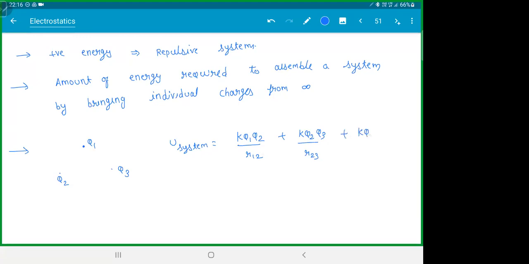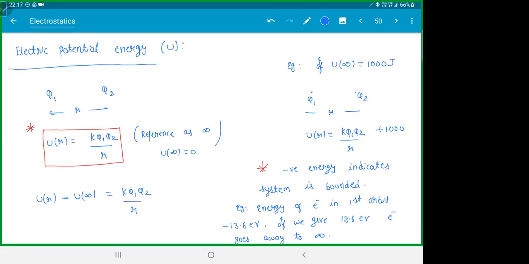Remember, there is no R square here. So this is the main formula. For two particles, the energy stored is K Q1 Q2 by R.